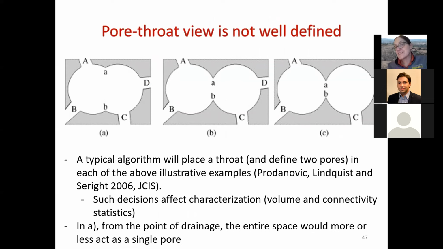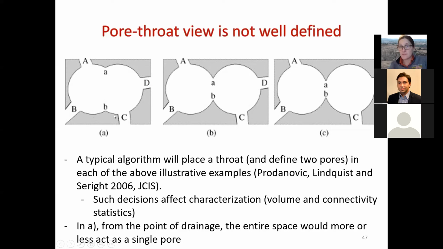Now, that said, if you're just draining this medium, and there's an interface coming through, if I'm already in this pore and I'm coming through here, I'm just going to invade this entire space.